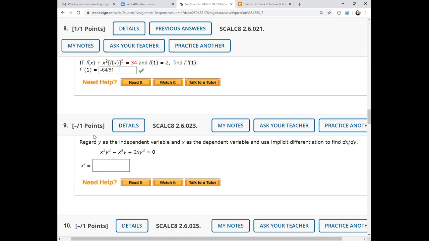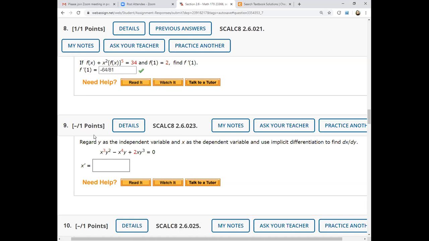I think I wrote this backwards. The problem is I wrote it backwards from the way the problem is written.